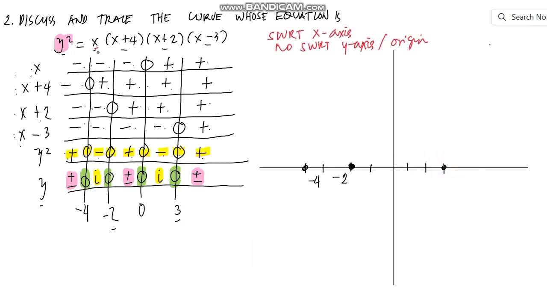To check the location of the y-intercept, we substitute the value of 0 to our x. So our equation goes this way: y squared is equal to 0. Since 0 multiplied by any number is 0, that would give us y is equal to 0. So our y-intercept is located at the origin.